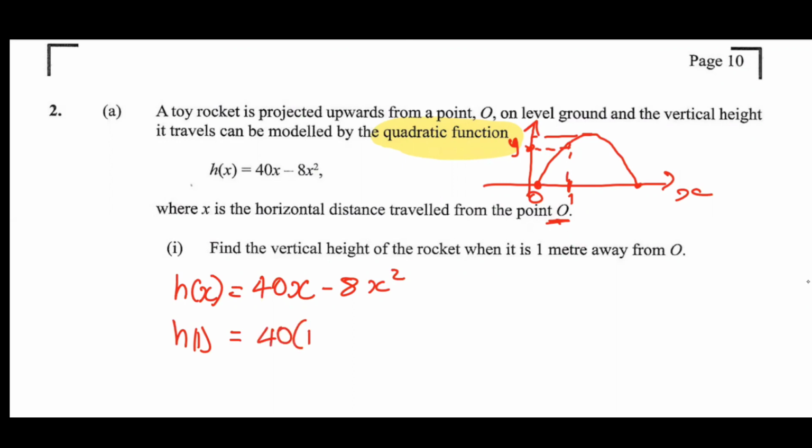So you want to put 1 where x is to see what height you will get. All we're doing here is substituting 1 where x is and evaluating this.